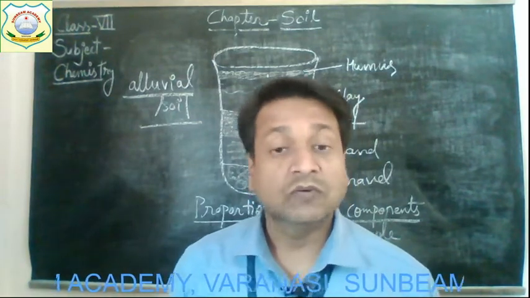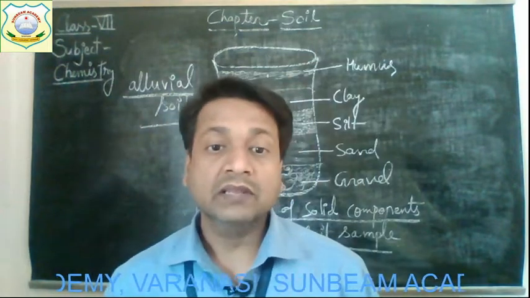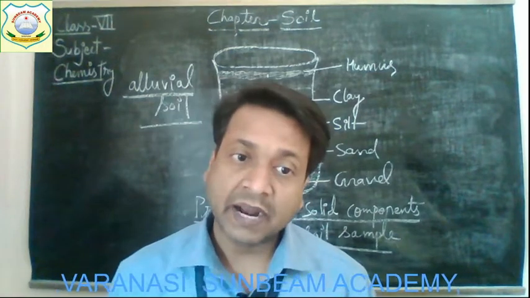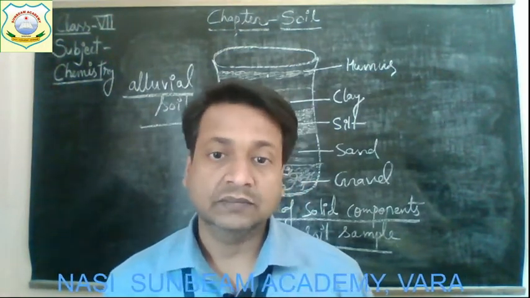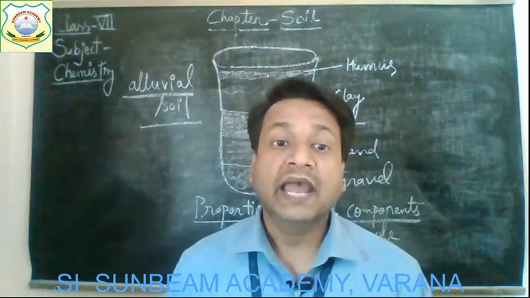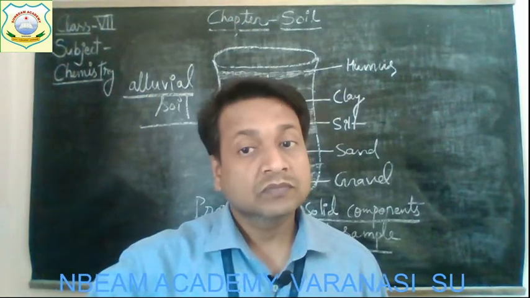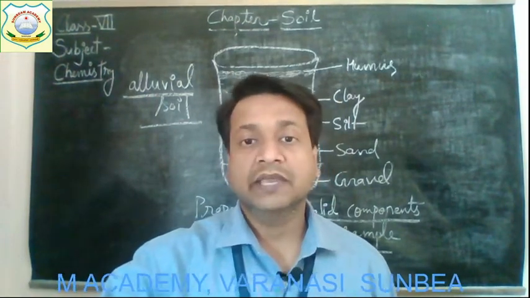So the alluvial soil has all three particles, clay, sand and silt. The texture is loamy and it is very fertile and especially good for the growth of crops like wheat, rice and sugarcane.